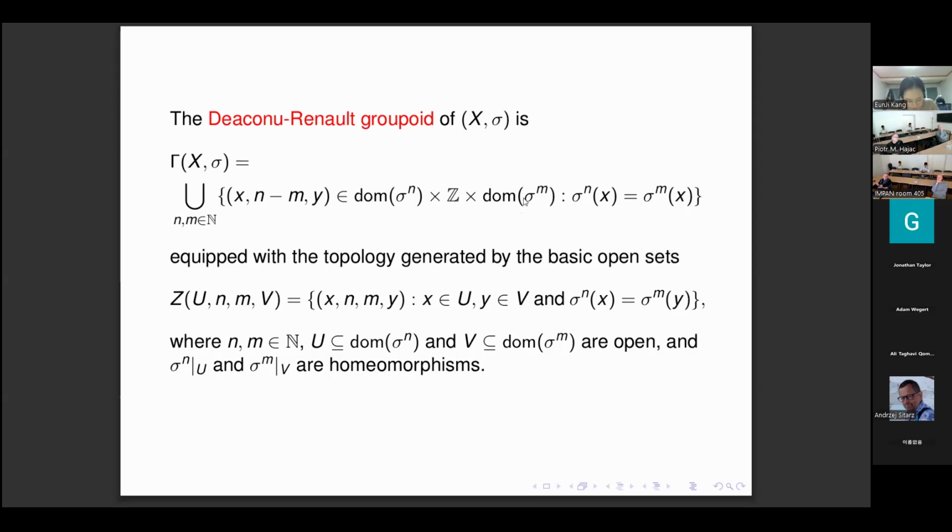And this triple belongs to the groupoid when applying sigma^m to x and sigma^n to y gives the same point. Then this groupoid has a topology, which is just a way to define how we think of points being close to each other. So let me skip the detail.